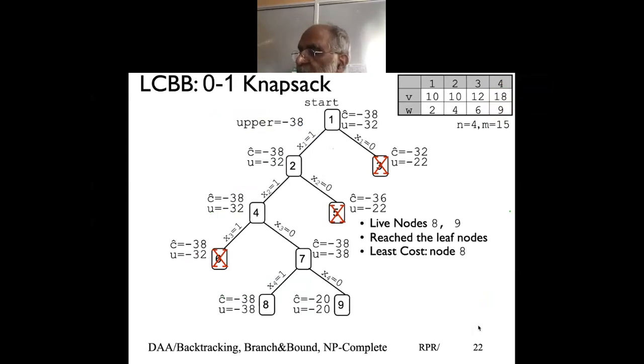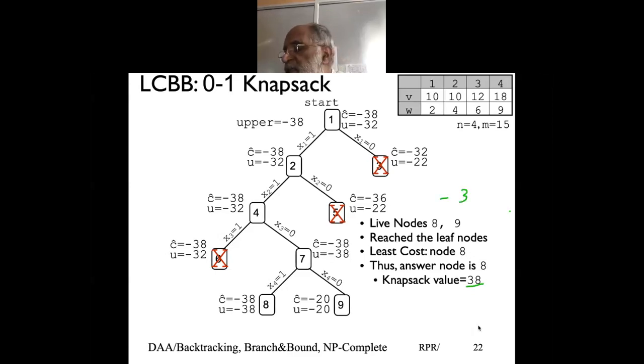My leaf node is node 8, so my answer node is 8, and the knapsack value is 38, because my minimization is minus 38, so the maximization is 38. So using these items, I'll get a maximum value of 38. This is how I solve the knapsack problem. My tuple becomes include item 1, include item 2, exclude item 3, and include item 4.